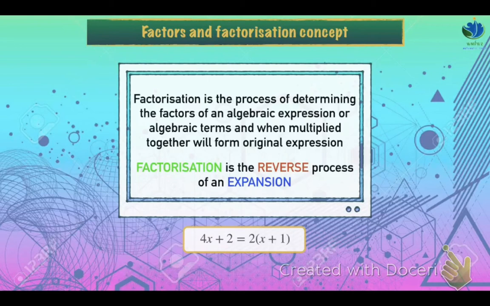So as you can see here, I give you one example. 4x plus 2 becomes 2 bracket x plus 1. So this one we call factorization. Whereas if we reverse this process, 2 bracket x plus 1 becomes 4x plus 2. This one we call expansion.